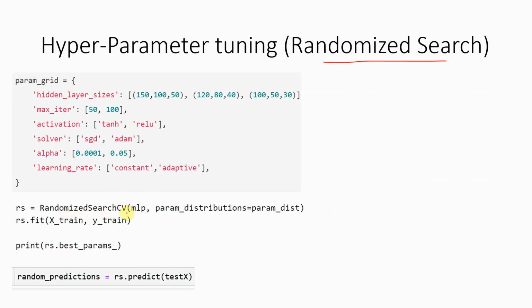So using the randomized search function, we pass our MLP and then these parameters. The randomized search algorithm takes a random sample from the hyperparameters and tries to optimize them, and that is given to the training set for training. The best parameters will be displayed, and finally we can predict our test output.